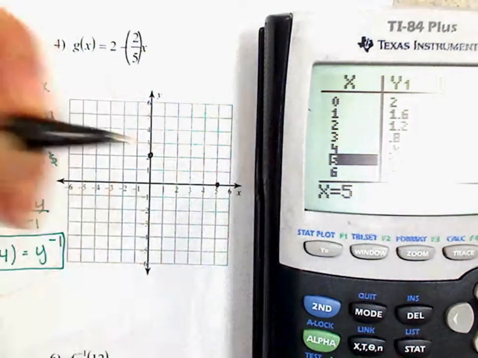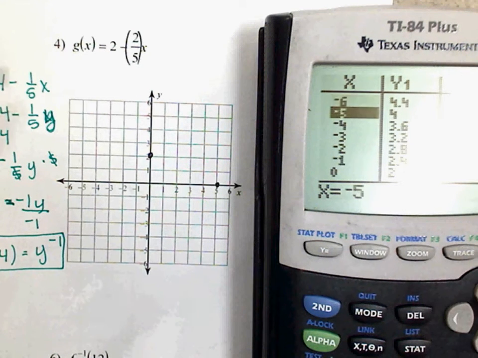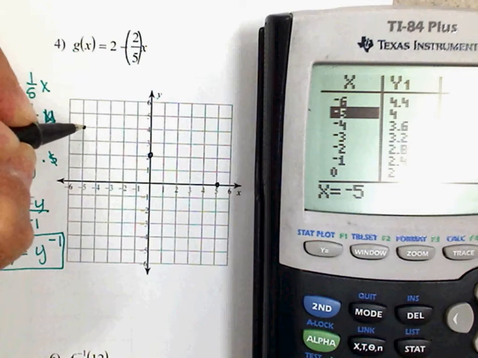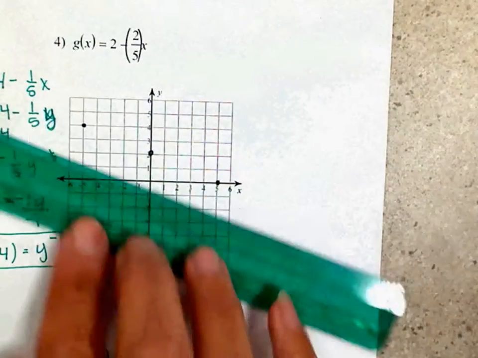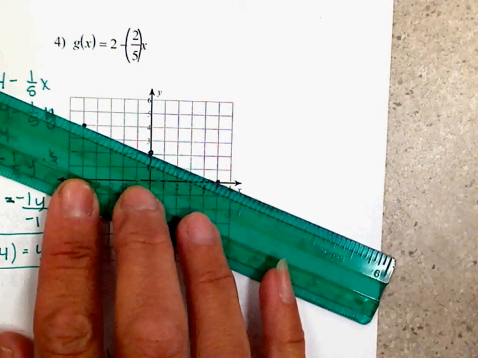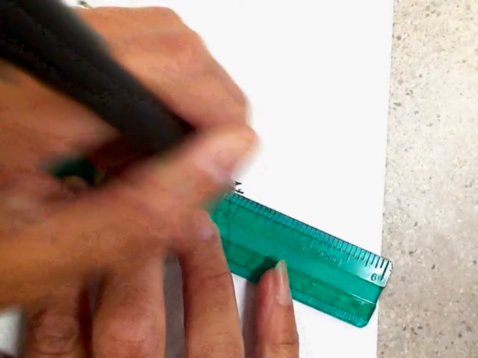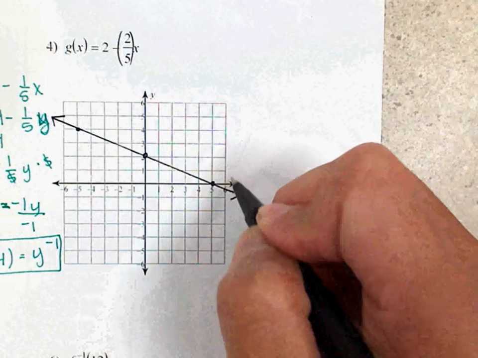Let's go some negatives numbers. Negative 5, positive 4. Okay. See how they form a line? And there's your function y.